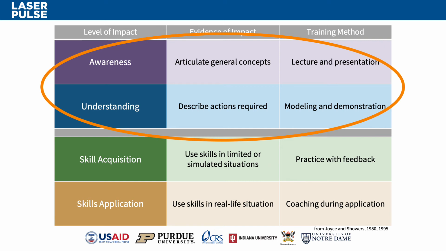However, a more efficient approach is to design materials that allow stakeholders to develop awareness and understanding on their own time and in their own space. Group learning then can focus on training methods that require face-to-face interaction. This approach is sometimes called flipped learning.